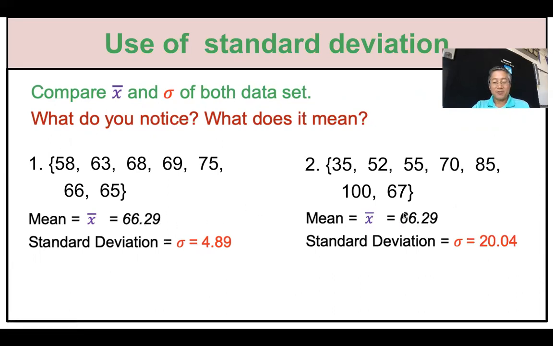The mean averages are the same. But what is different? The standard deviation is different. This is 4.89, but this is 20.04. Look at the data. What do you notice?